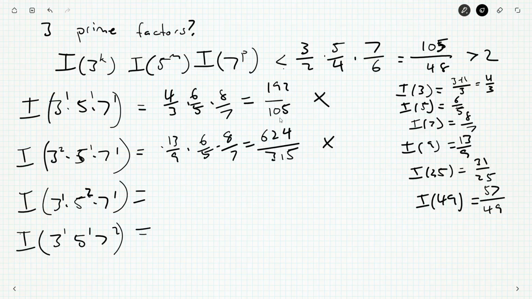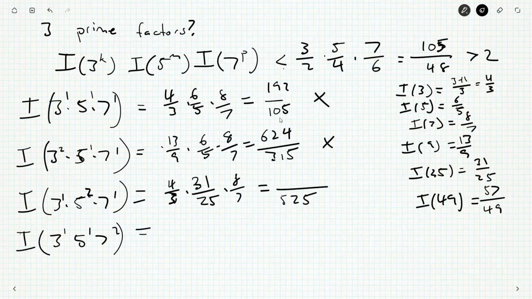We just need to show that there's not one with 4 or 5 primes that is less. So this is 4 over 3, 31 over 25, and then 8 over 7. And that's going to be over 525.